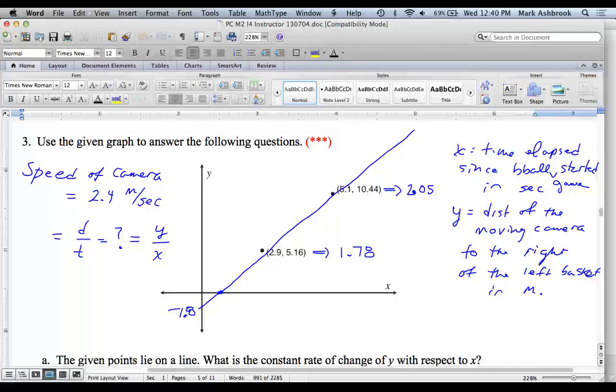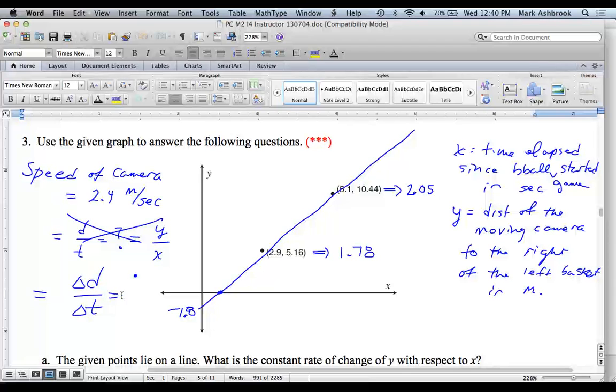Okay, so be careful. We've got two different quantities. We've got the distance to the right, and we have the change in distance. And we have time, and we have the change in time. So speed is really what? The change in distance over the change in time, or delta. That's our delta y over delta x. Remember, that's how we got the 2.4.